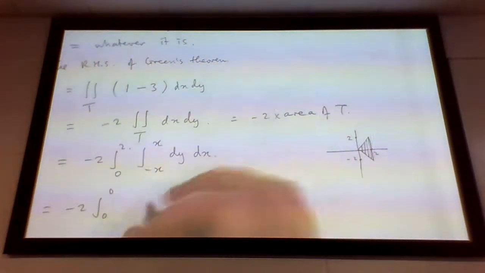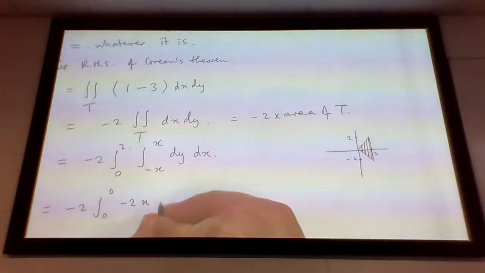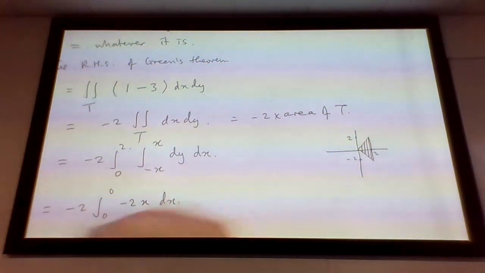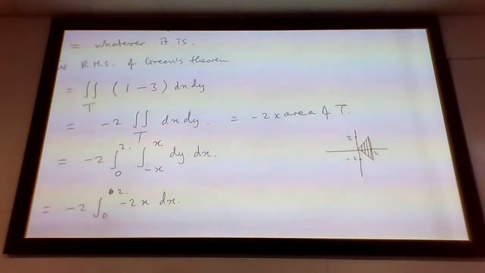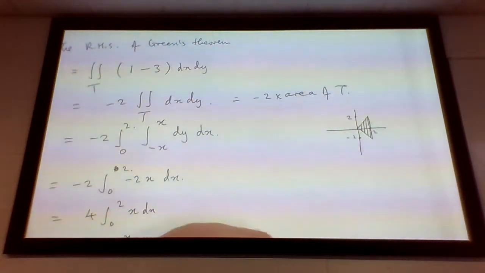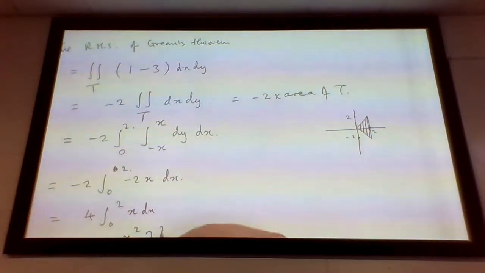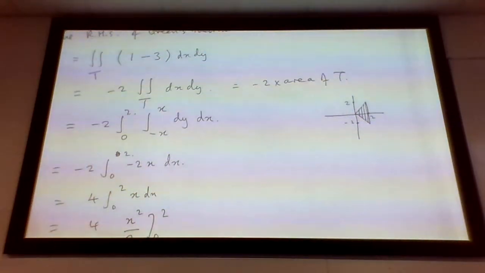That's just the length of that interval, which is minus 2 dx. So that's 4 times the integral from 0 to 2 of x dx, which is 4 times x squared over 2, between 0 and 2, which is 8.